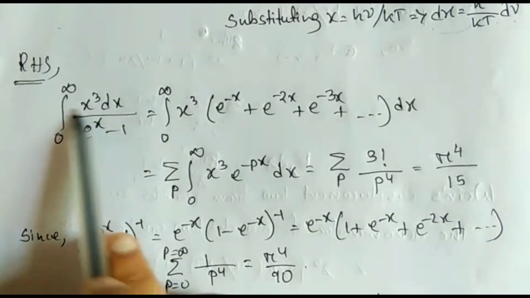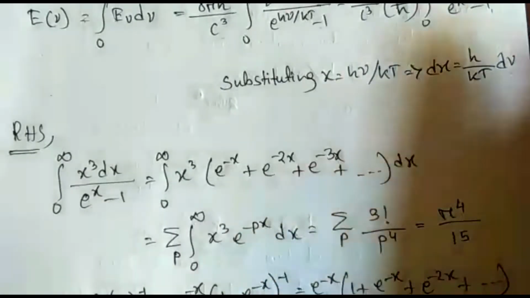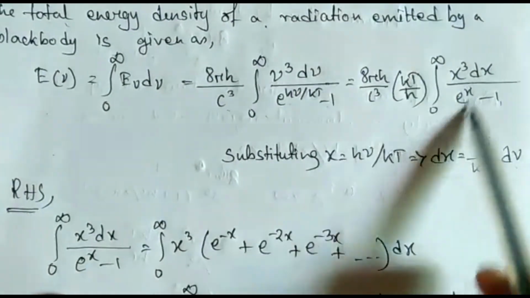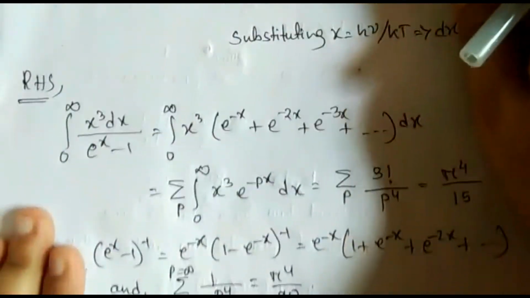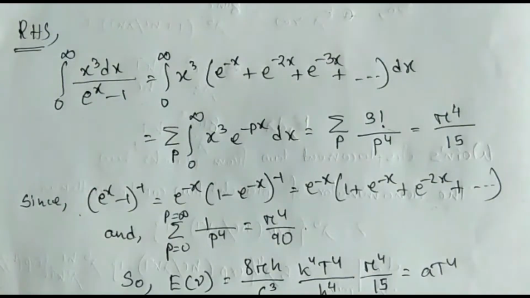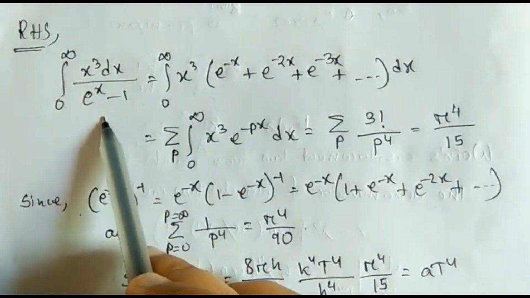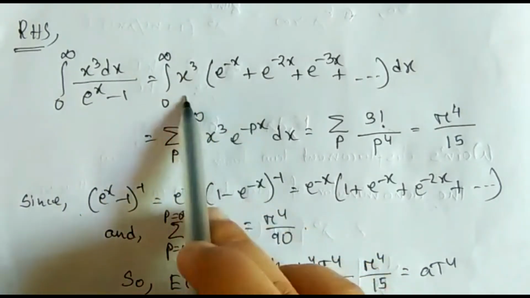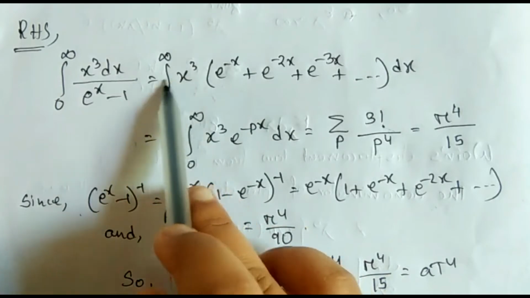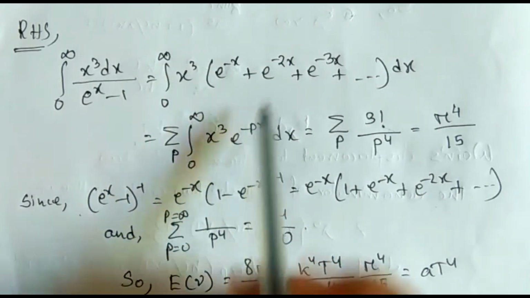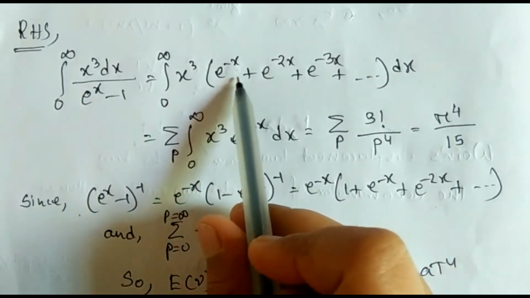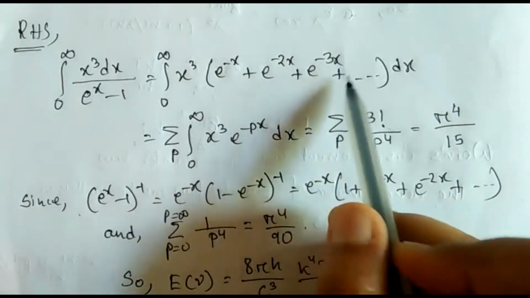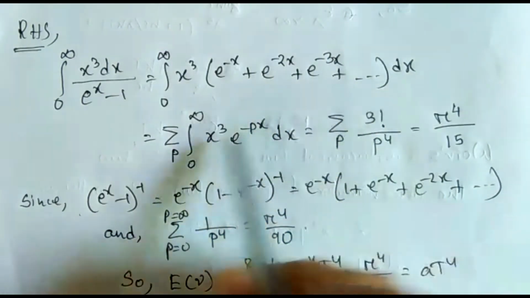Now we are integrating the right hand side, that is this part. Here we are applying the formula for u by v. Expanding, we get integration 0 to infinity x cube into e to the power minus x plus e to the power minus 2x plus e to the power minus 3x and so on, dx.